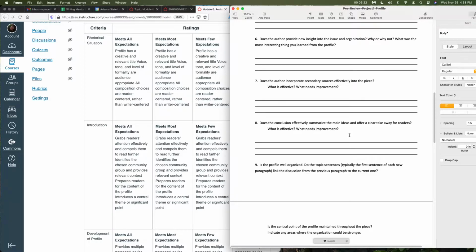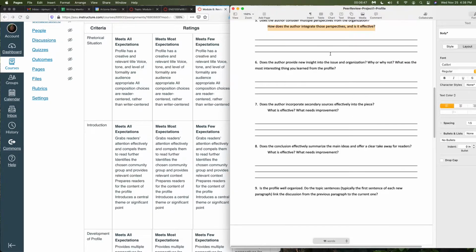So if you find yourself reading your peer's profile and you think, well, what's local about this? It might be time to encourage your peer to make it more local, to add that local color that makes it unique to Omaha or Seattle, wherever. Does the author incorporate secondary sources? I think my remarks on primary sources kind of explain that one already.